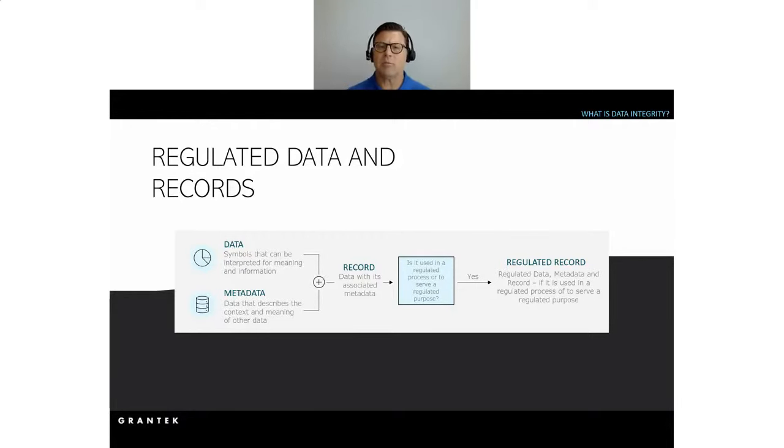And when that record is used for a regulated purpose or to serve a regulated process, that's referred to as a regulated record. Data integrity principles can be applied to all data, but they are a necessity for regulated records as well as the data and metadata that supports those records.